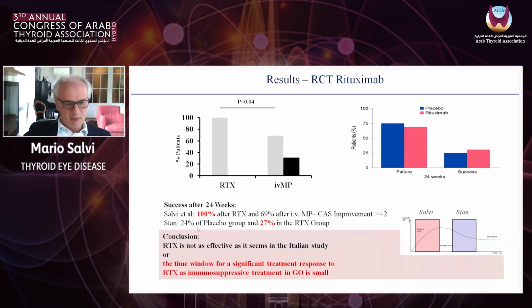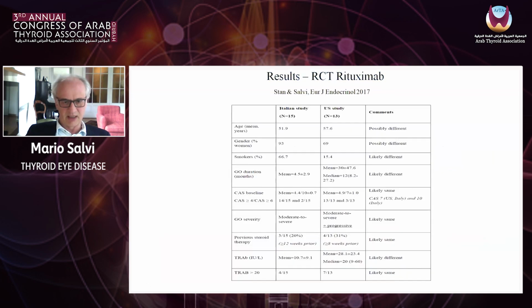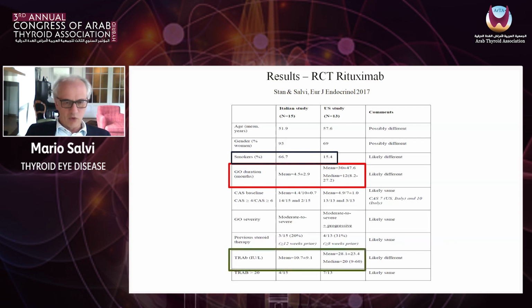Probably the time window for efficacy is important to consider, because our patients were in fact treated very early in the phase of disease, whereas the patients at the Mayo Clinic were treated later. And in fact, when the two datasets were compared in a post-hoc analysis, what was shown is that the duration of disease in the Italian study was much shorter than in the American study, despite the fact that there were more smokers in the Italian group than in the American.